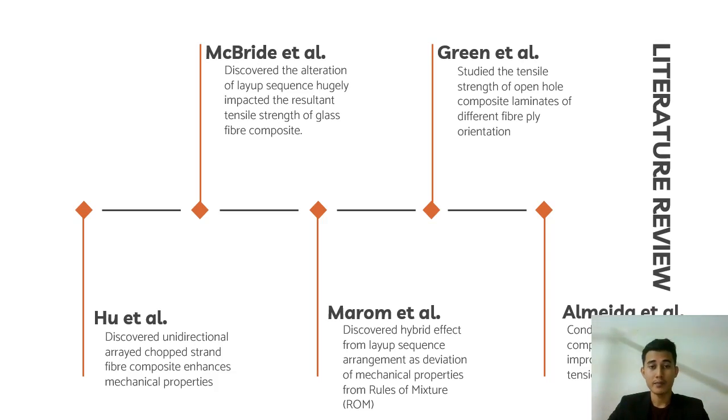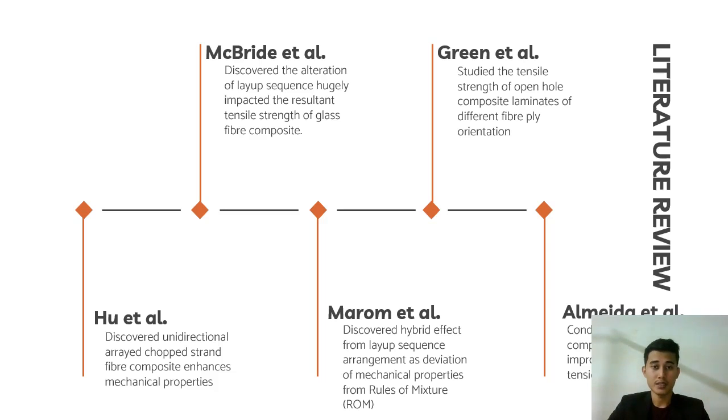Based on the result and plot graph provided in Hu et al.'s study, it is found that the stress-strain relationship of the notch unidirectional chop strand fractured at 0.7% strain in the region of 300 megapascal stress applied upon the sample, compared to the notch USCS, which elongates further to 1.08% strain when applied to 500 megapascal stress. It should be noted that the tensile strength of a specimen decreases as the mesh number increases.